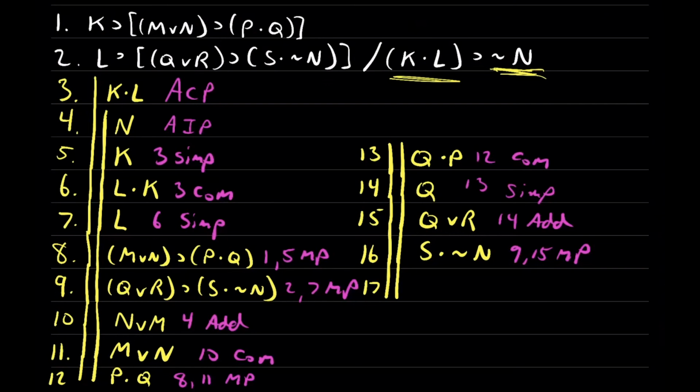I need to do a couple things first. I need to reverse the order of the conjunction on line 16 to get not N on the left. So not N and S. And that's going to follow from line 16 by commutativity. Okay, in line 18, I'm going to simplify the not N out.